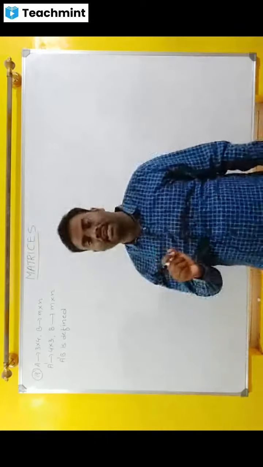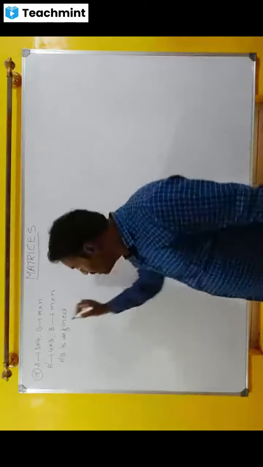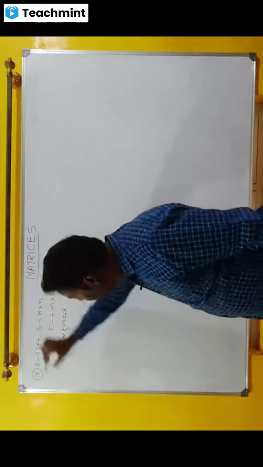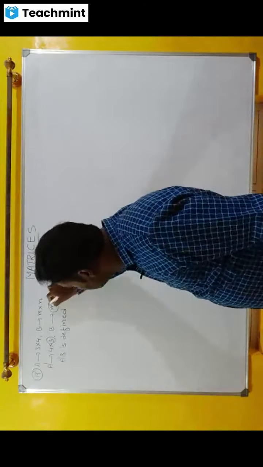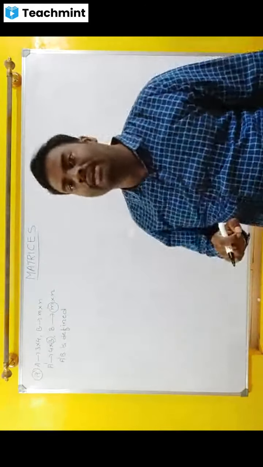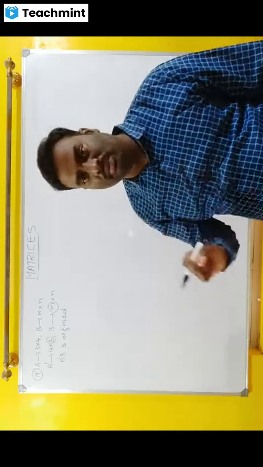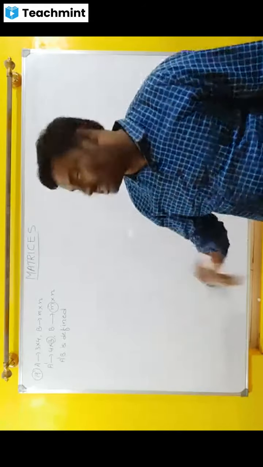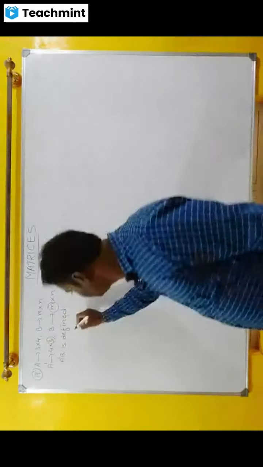Students, once again listen: the number of columns in the first matrix and the number of rows in the second matrix must be equal. According to that concept, this m is equal to 3.